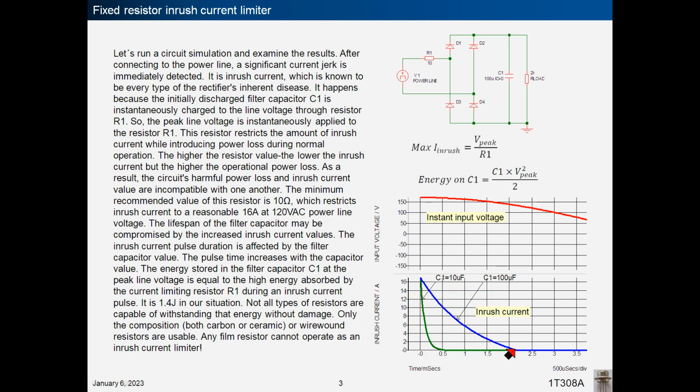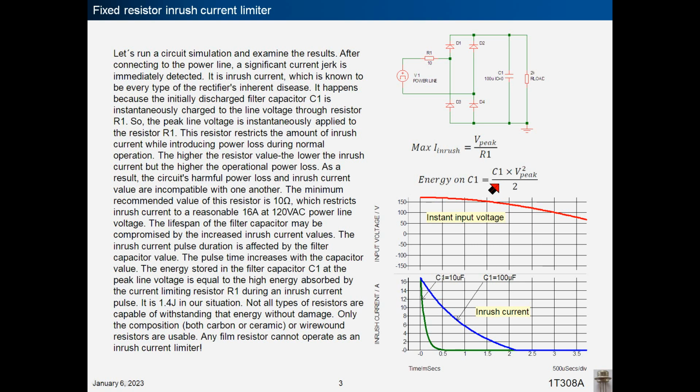The energy stored in the filter capacitor C1 at the peak line voltage is equal to the high energy absorbed by the current limiting resistor R1 during an inrush current pulse, as shown in this equation. It is 1.4 joules in our situation.